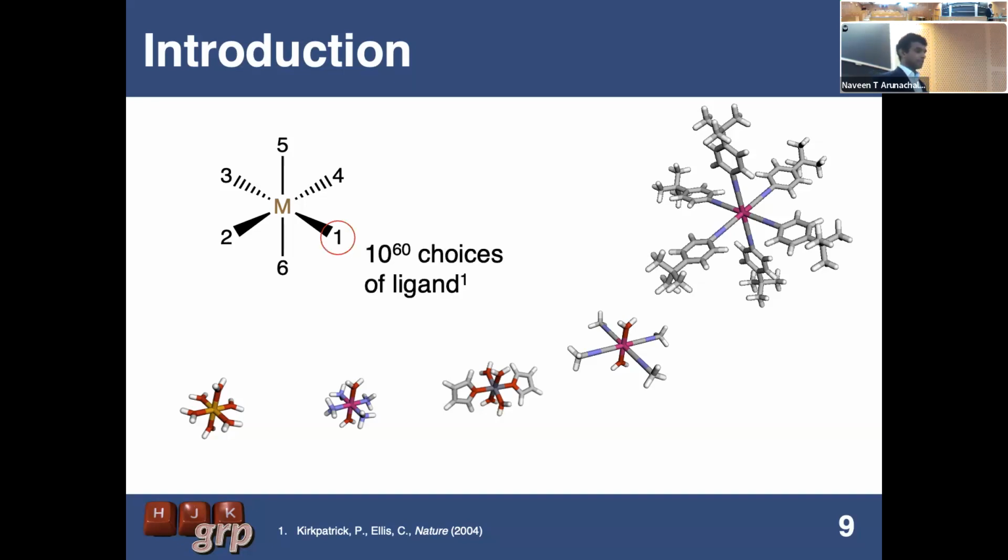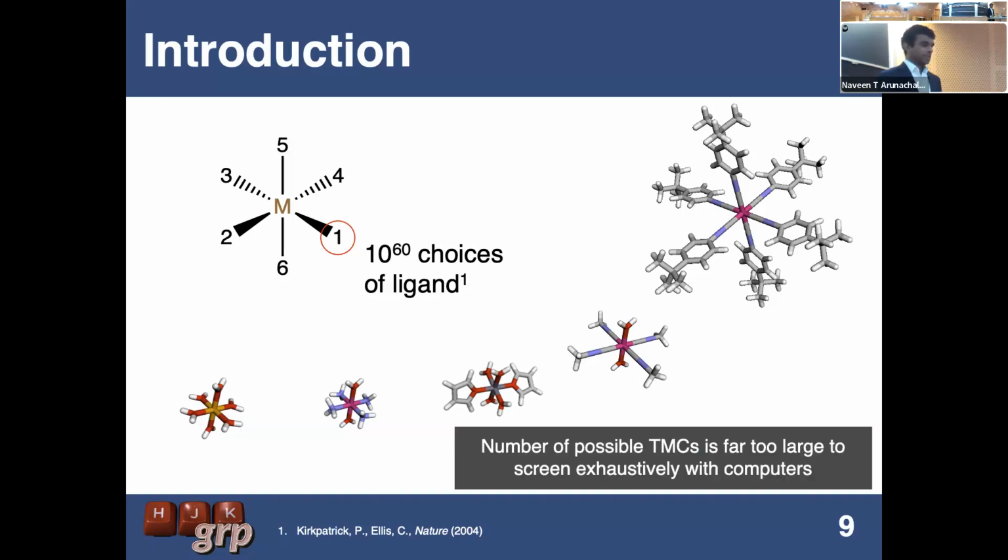In fact, a study estimated that there's about 10 to the 60 organic molecules that can possibly be designed by human scientists. And many of these molecules can be used as ligands in the scaffold. So it turns out that this 10 to the 60 choices of ligand is about as large as the number of stars in the galaxy. So the possible number of transition metal complexes is so large that it would be impossible to exhaustively screen all of them, even with computers.